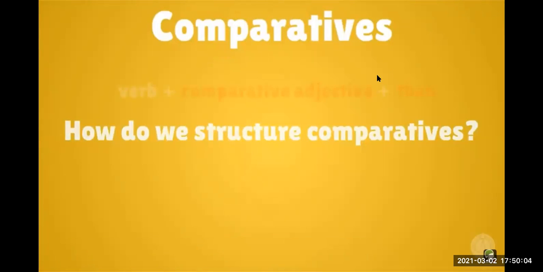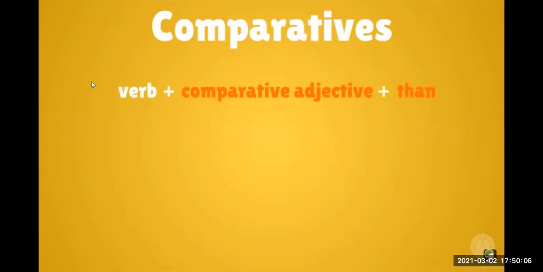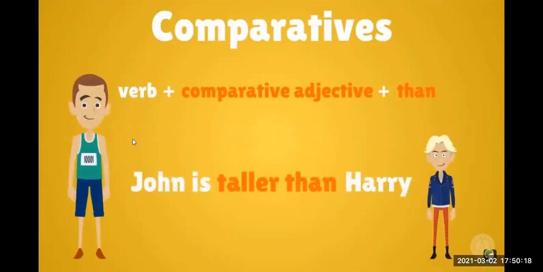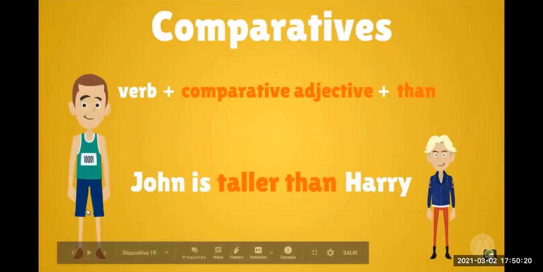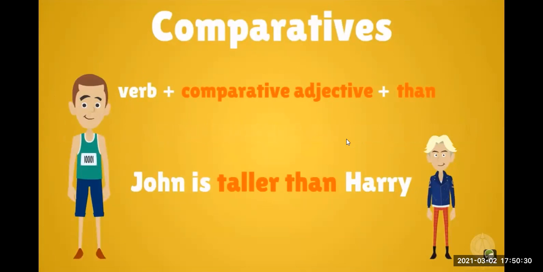Okay, yes, very good. So this is the way, right? Here we have a noun, then we have a verb, a comparative adjective, and than. We don't forget to use than always with comparative adjectives. For example, John, this is the subject, the first noun that we are comparing, is taller than Harry. So this is the way, right?